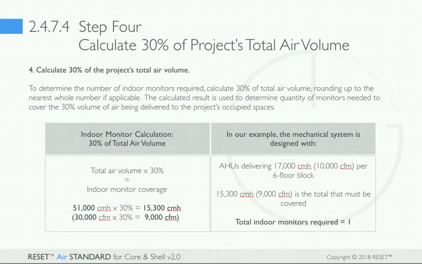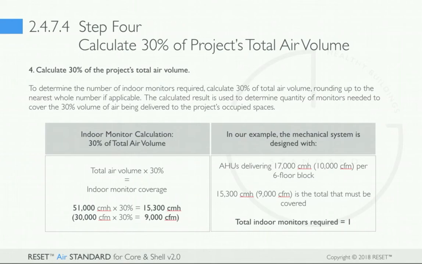So for indoor monitor coverage, it's a simple math equation. Again, 30% of either my CMH or CFM yields 15,300 CMH or 9,000 CFM. That is what I am required to cover as far as monitors being deployed on the project.